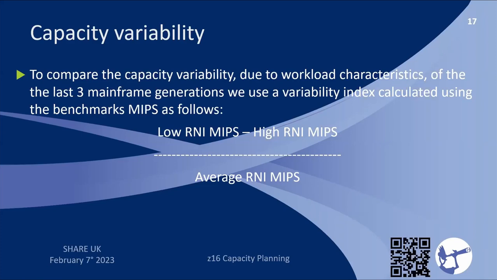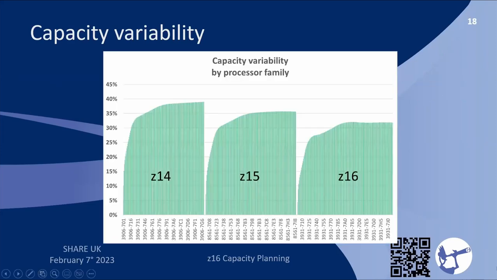We subtract from that the higher NI configuration. It means that the same hardware can deliver much less because there is a lot of contention, or anyway, the cache memory is not exploited very well. And we divide that by the average value. So it's very simple as a concept.